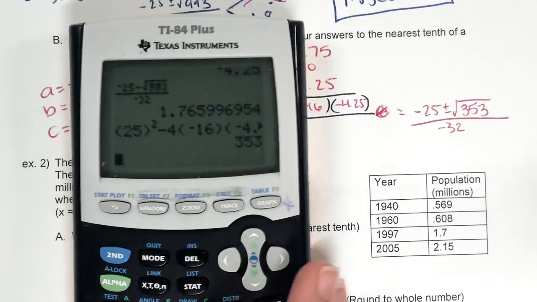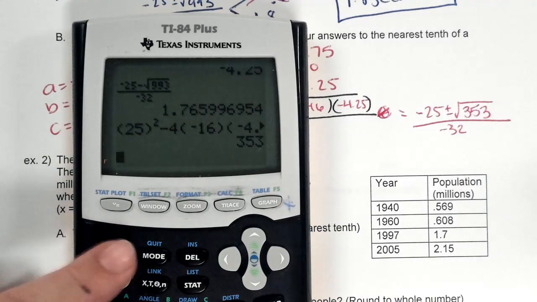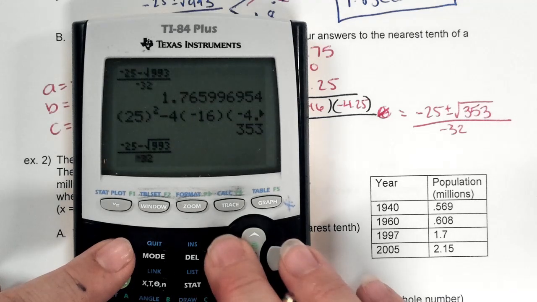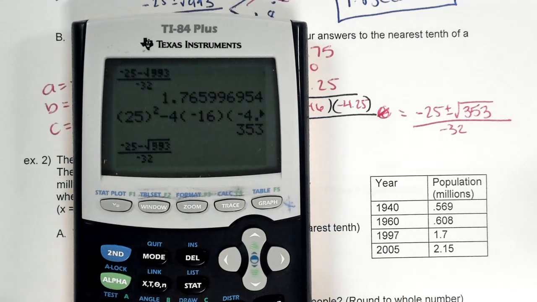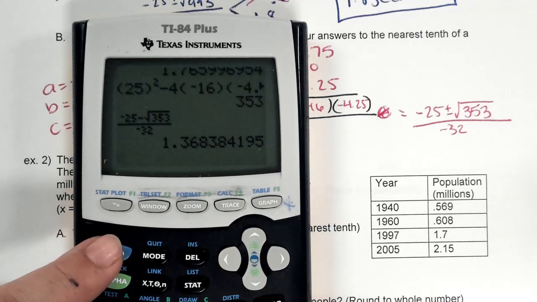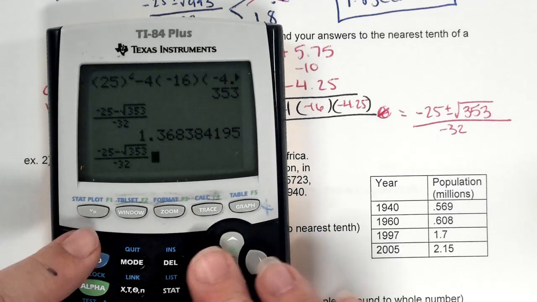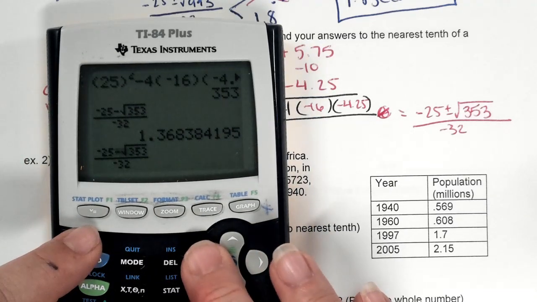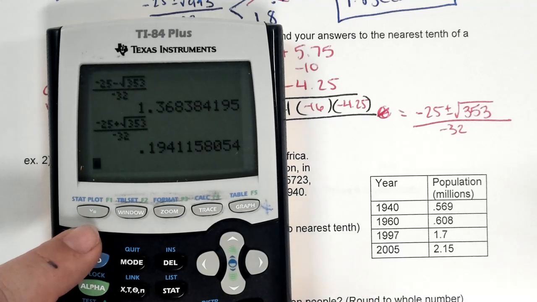So now I can type it one piece at a time, and I get two answers.